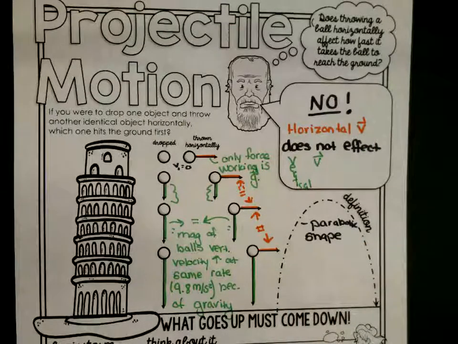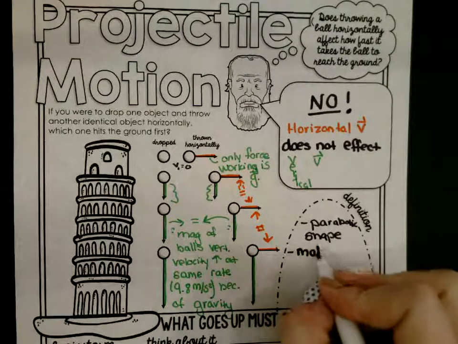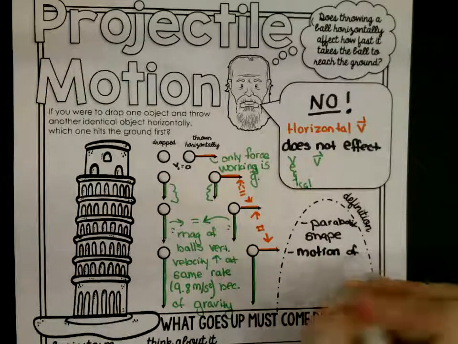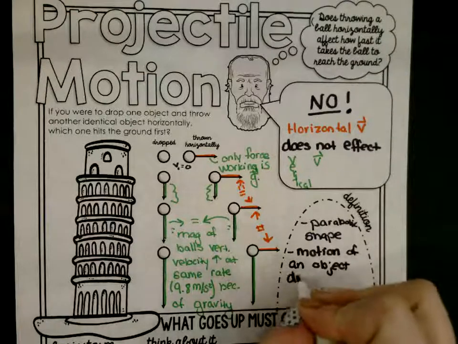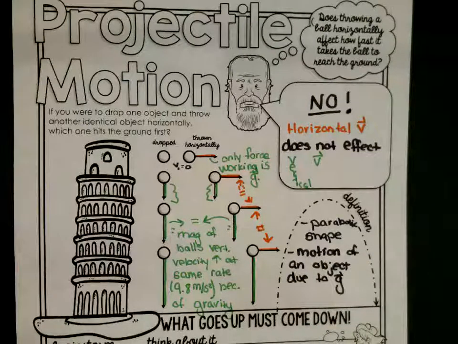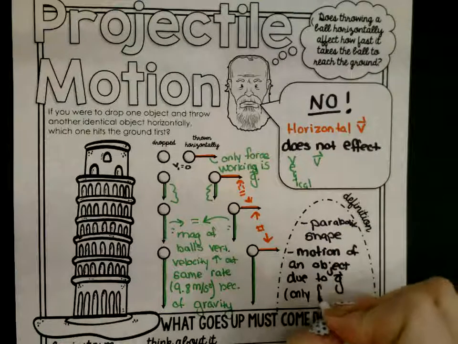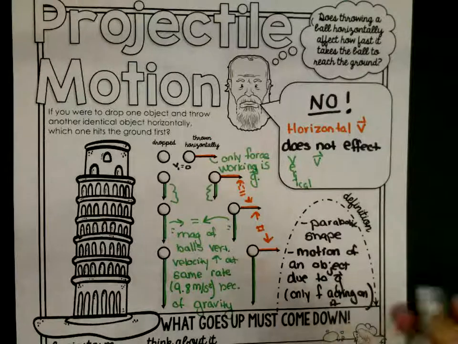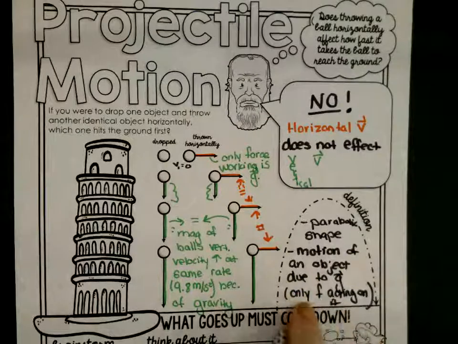We also know that projectile motion is the motion of an object due to gravity, because gravity is the only force acting on it. After that initial velocity, the only force that's acting on this is going to be gravity.